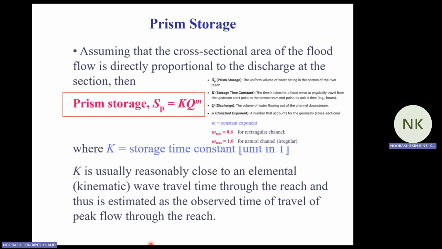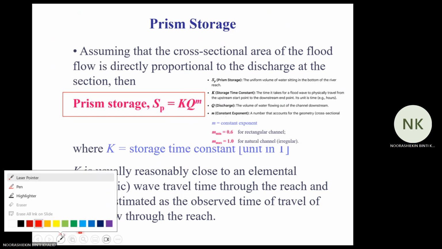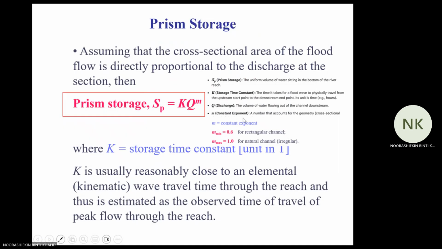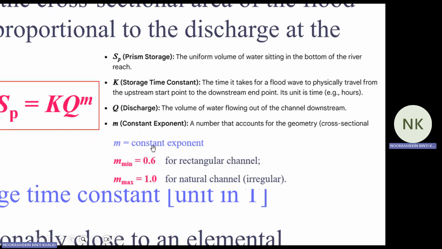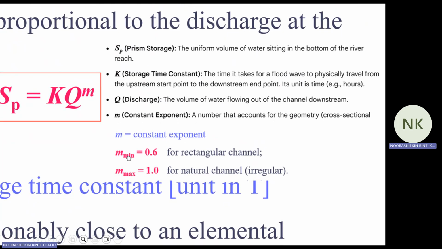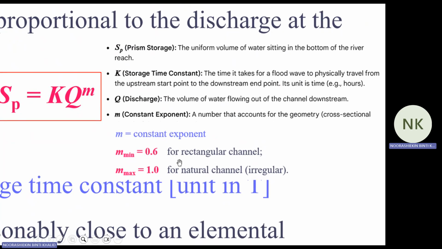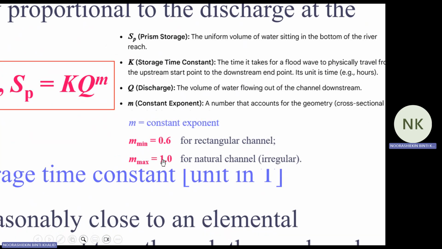What are Q and M? SP is prism storage, K is the storage time constant, Q is discharge, and M is a constant. If you use a rectangular channel, M is equal to 0.6, and for a natural or irregular channel, you use M equal to 1.0.